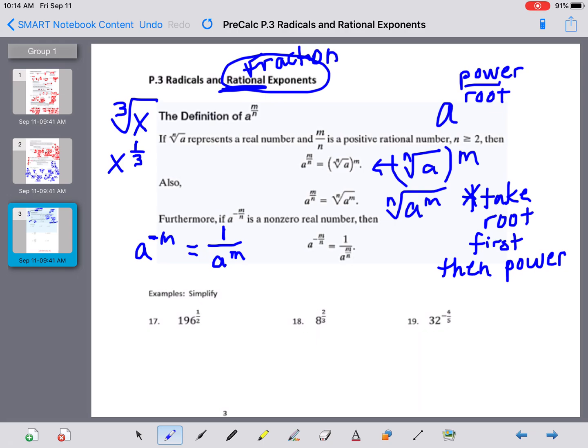So no matter what your exponent is over here, if there's a negative, it's going to change its location. By the way, if I happen to have 1 over a to the negative m, now that's going to move it to the top over 1, and of course you wouldn't have to put that 1 there. So a negative power simply changes its location from numerator to denominator, and that is all it does. It does not make the entire thing negative.